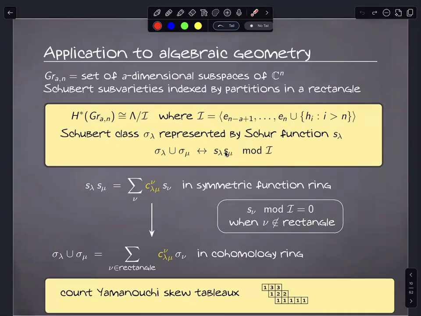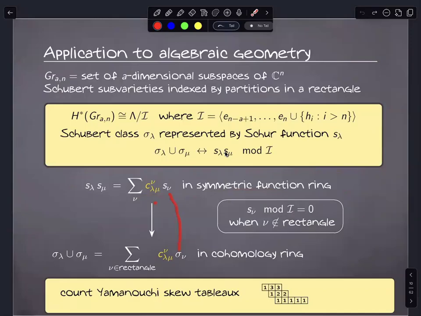The beautiful thing about how this works is that we already discussed that we know how to do this, because we know how to work with tableau and words. The nice thing about this ideal is that it just kills Schur functions that are not indexed by partitions in a rectangle. So you can literally just work in the symmetric function ring, and any Schur function not indexed by a partition in the rectangle goes away, and the others map perfectly.